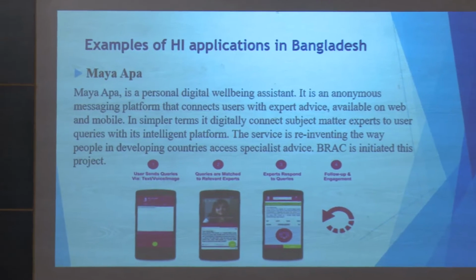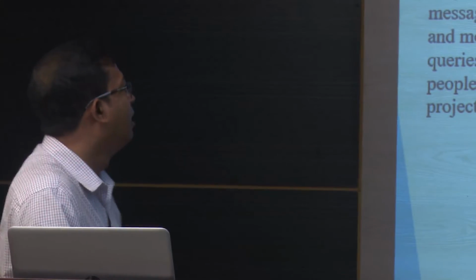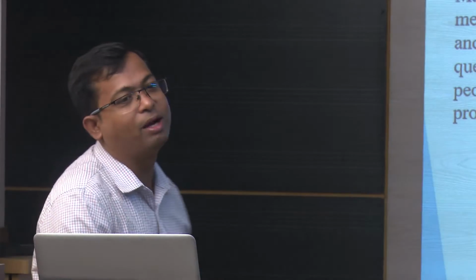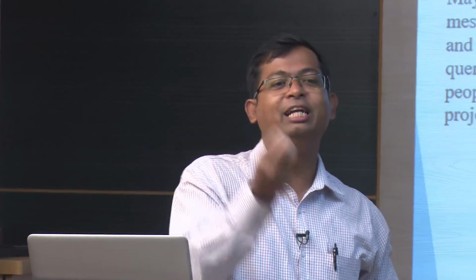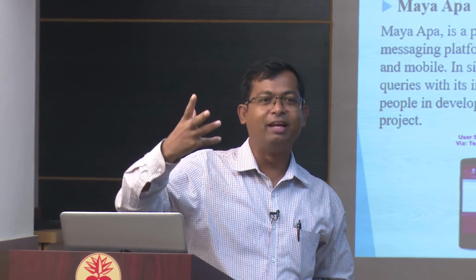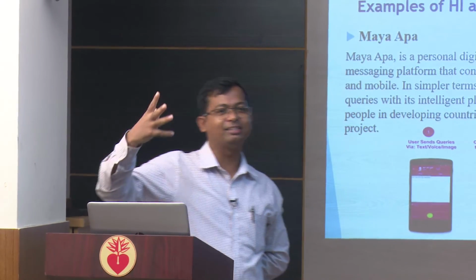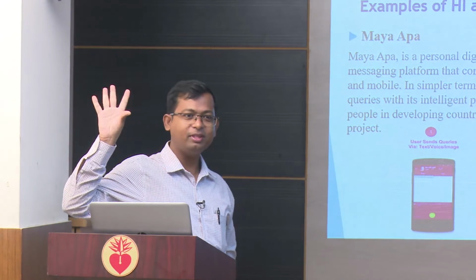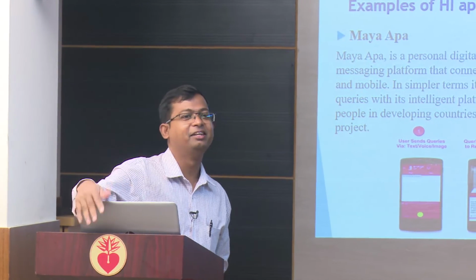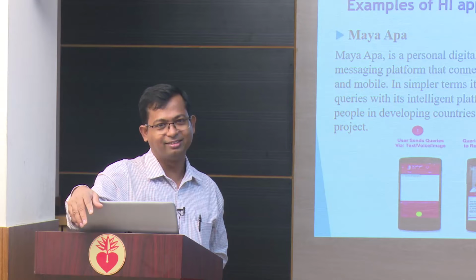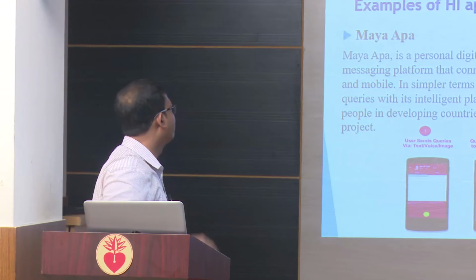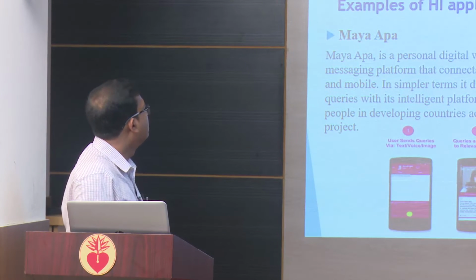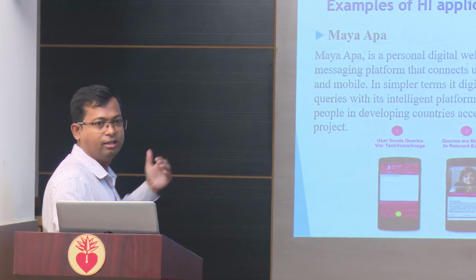MyAppa is a personal digital well-being assistant. It is an anonymous messaging platform. Anonymous means your identity will not be revealed, so nobody will identify who you are, and at the same time you are getting medical assistance. So it's a very interesting tool, right? It's a messaging platform only.